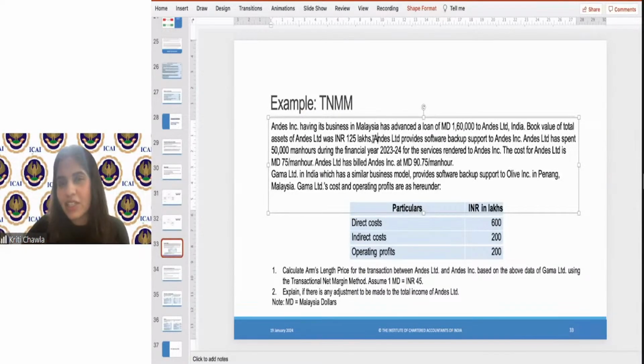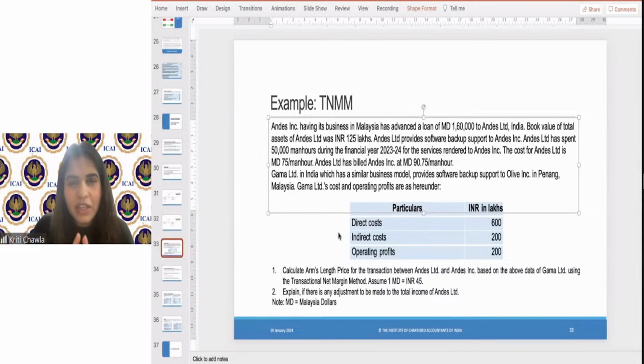What is that percentage? If one entity gives a loan of dash percentage of the book value of the other enterprise, then they become related to each other. So what is this percentage? What percentage are they talking about?